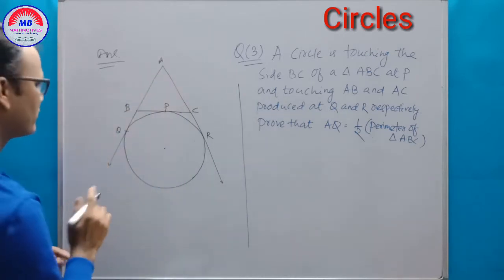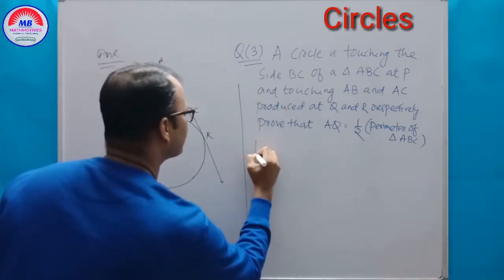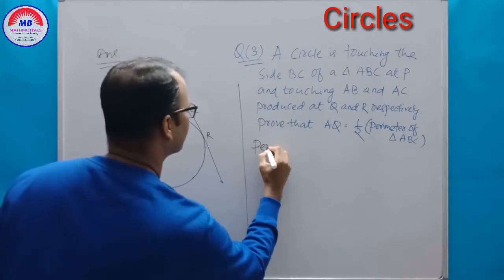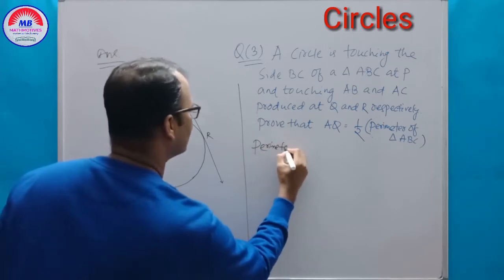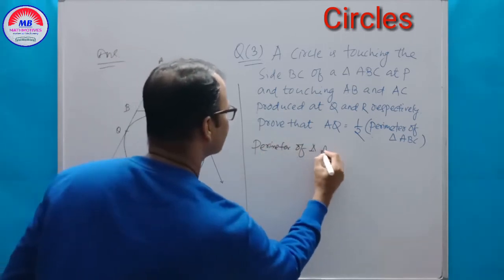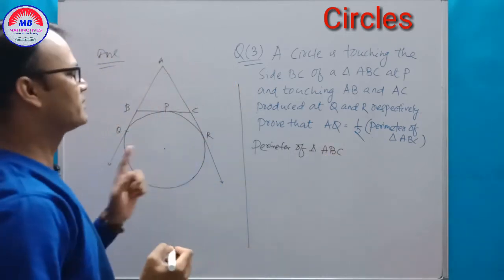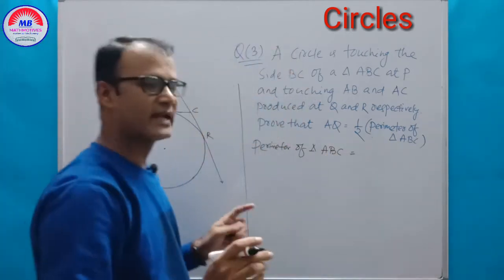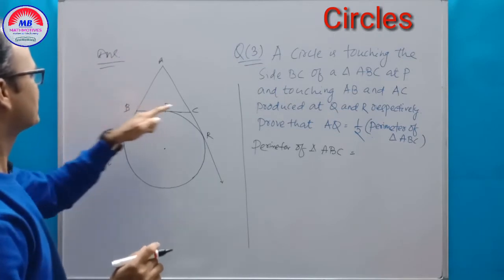So first step, the perimeter of triangle ABC. Perimeter means what? Sum of sides. So AB plus BC plus AC.